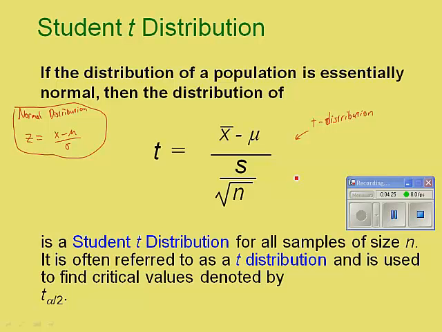There's really only one thing it has that the normal distribution doesn't, and that's that little piece you're dividing by, right? We divide by the square root of n. That's the new piece. So this is a student t distribution for all samples of size n.